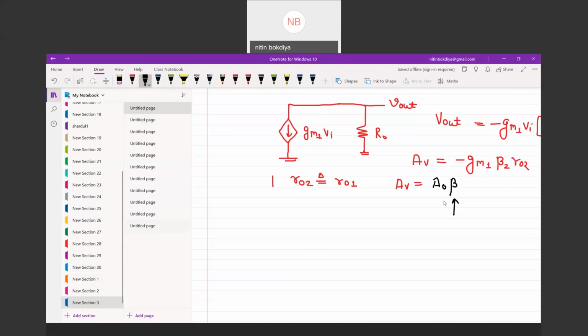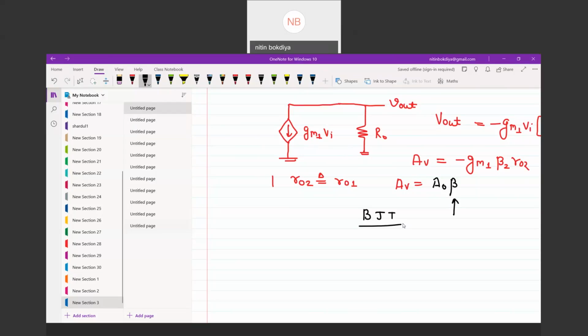So this is the BJT based cascode circuit.